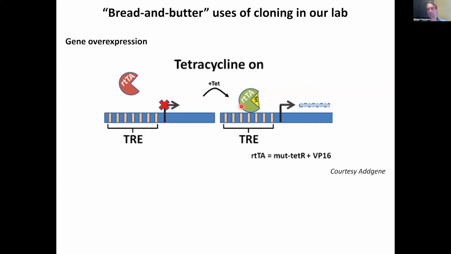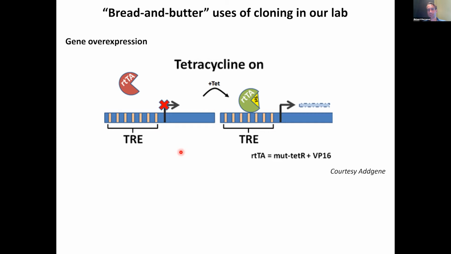In terms of expressing more of a gene, we often use a system called the rtTA, or reverse tetracycline transactivator system, where there's a molecule called rtTA that, in the presence of a small molecule called tetracycline, or often a more stable derivative called doxycycline that we use, will bind to a very specific DNA sequence called a TET responsive element, or TRE.